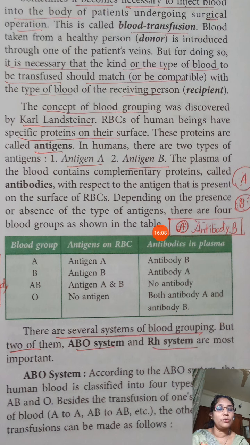So he is also known as universal donor. O group is universal donor and AB group person is known as universal recipient.